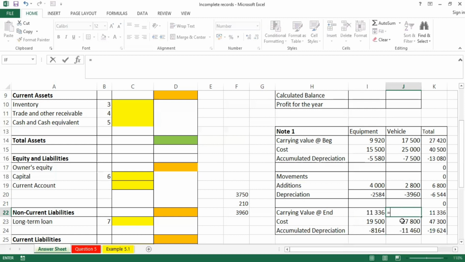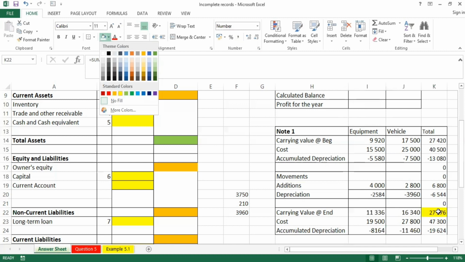It's equal to 27,800 minus the 11,460. And then it gives us our total answer of 27,676.